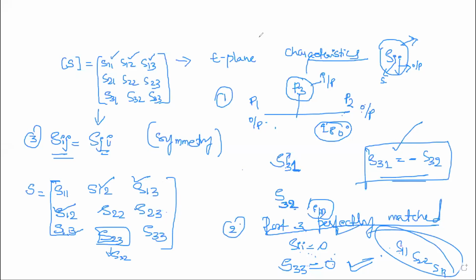Okay. Now moving on to the next, one more condition from this characteristic. You know that if you take S23, this is also equal to S32. This S32 is port 2 which you are taking as the output with respect to the input.